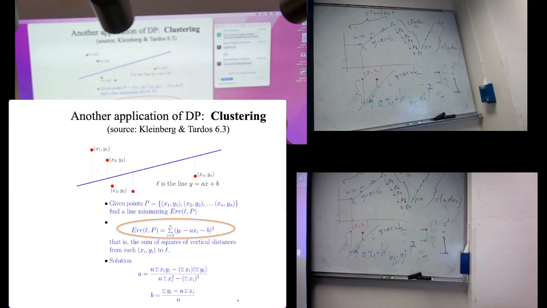You don't need to study it right now. If you do know what a differential is, then you're saying, let's take this expression, take the derivative by A, make it equal to 0, take the derivative by B, make it equal to 0, solve these two equations, and here is a formula that tells you what is the optimum A and what is the optimum B that you are taking. This is a formula that tells you what is the best line that you need for one set of points.